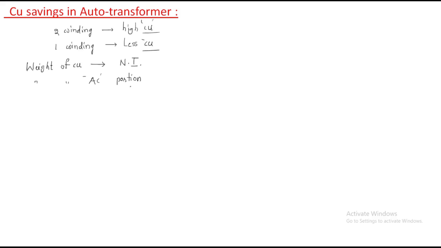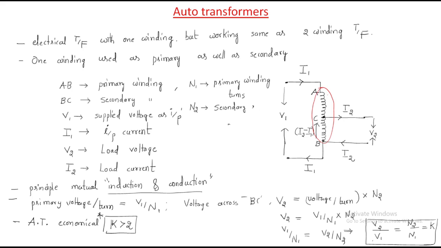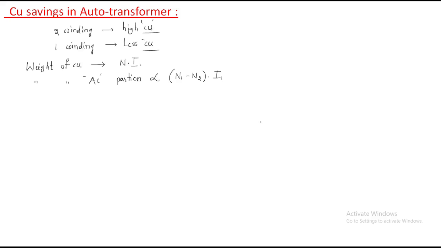For this AC portion the weight of the copper we can write as N1 minus N2 into the current I1. Why? The number of turns is complete N1 here, and the secondary winding turns are only N2 here. That's why the AC portion is N1 minus N2.